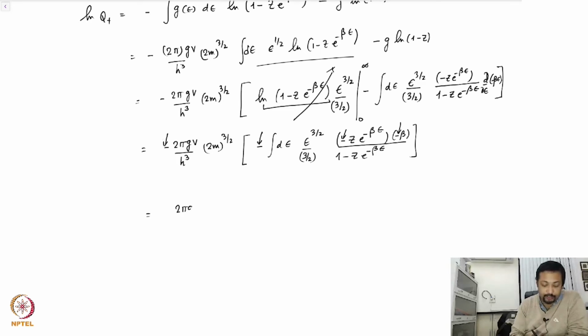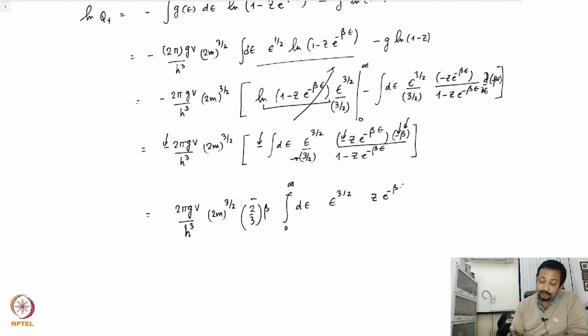So you have 2 pi gV over h cubed, twice m raised to the power 3/2. I have this as 2/3, and the beta I bring outside, 2/3 beta, and then I have the integral d epsilon. Let's put the limits so that we don't miss anything later on. I have epsilon to the power 3/2, z e to the power minus beta epsilon over 1 minus z e to the power minus beta epsilon.